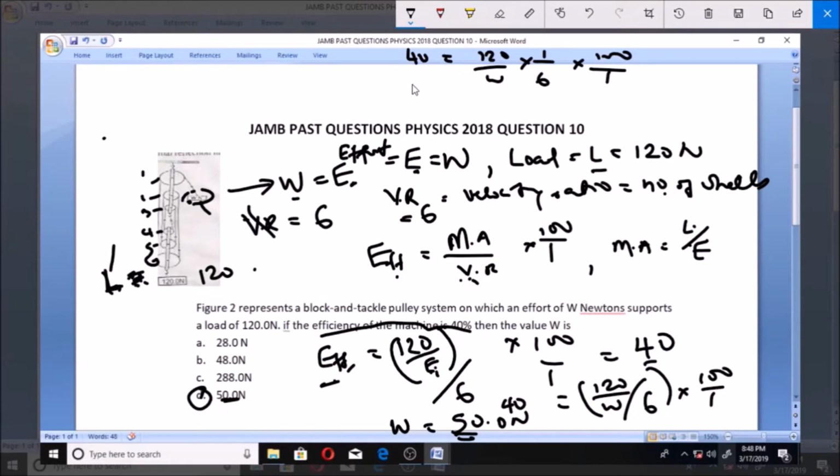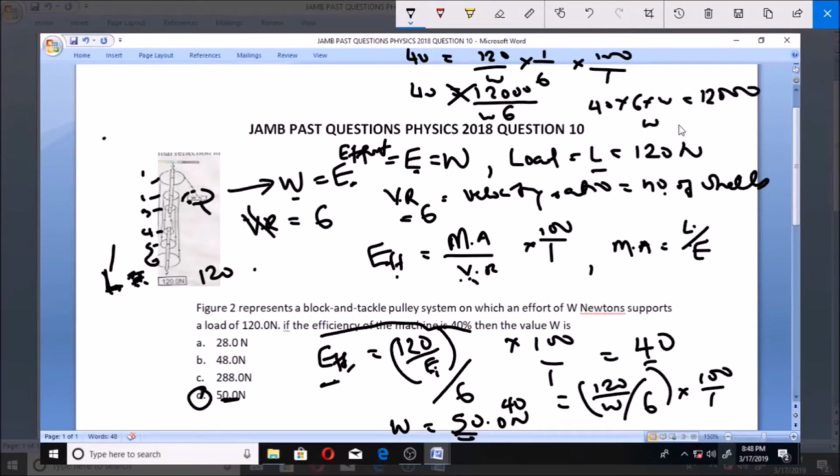So if you multiply out, we have 40 is equal to 120 times 100, which is 12,000, all over W times 6, which is 6W. So when you cross multiply, you have 40 times 6 times W is equal to 12,000.